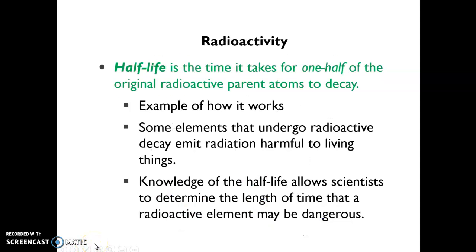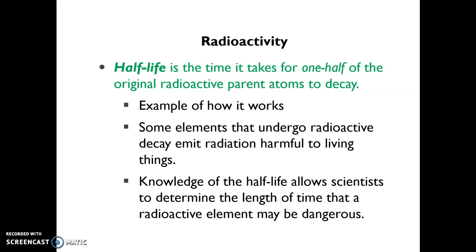Okay, so one aspect of radioactivity that needs to be carefully considered is its half-life. That is the amount of time that it takes for 1/2 of the original radioactive parent atoms to decay. And my example of how that works will be on the next slide. But the reason it's important to know is that many of these elements that undergo radioactive decay emit radiation that's harmful to living things.